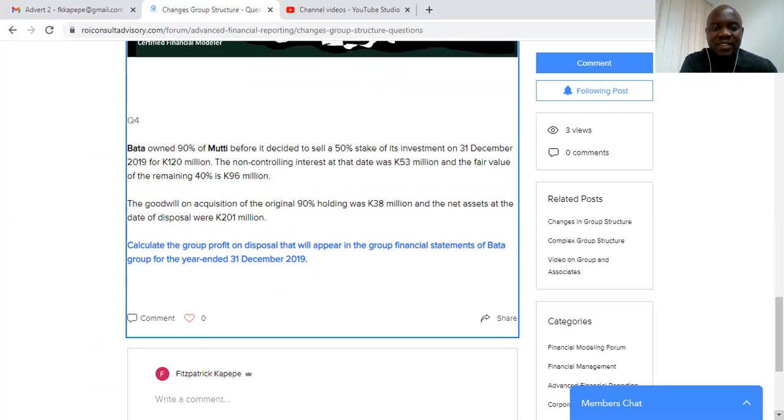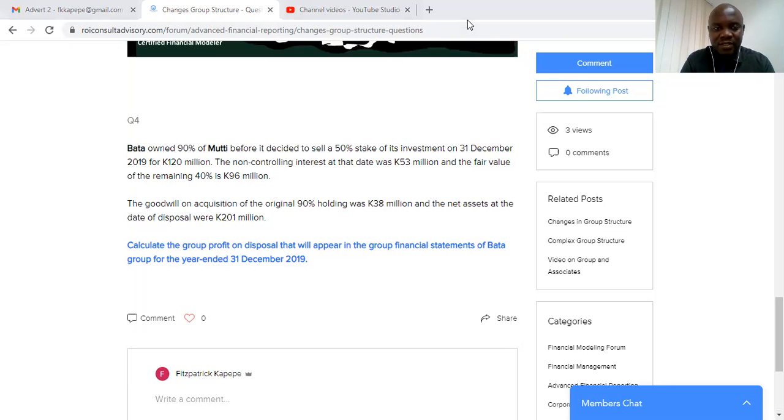The non-controlling interest at that date was 53 million, and the fair value of the remaining 40% is 96 million, meaning that's investment still being held. The goodwill on acquisition of the original 90% holding was 38 million, which we'll have to subtract, and the net assets at the date of disposal were 201 million, which we also need to subtract to get any profit or loss. So we can go to Excel and do the computations.